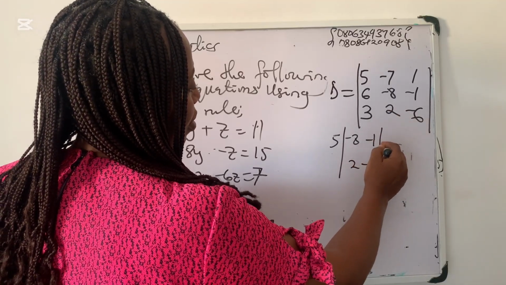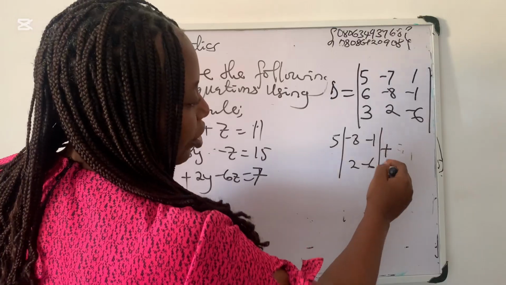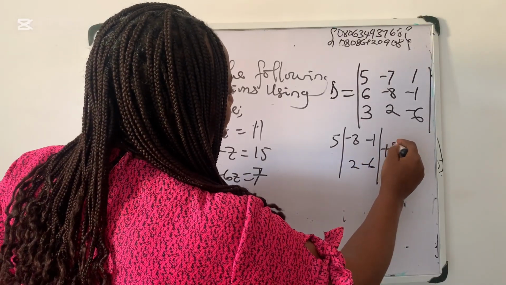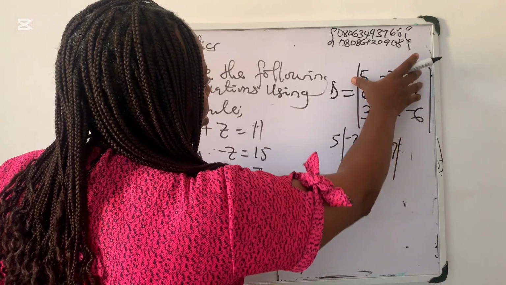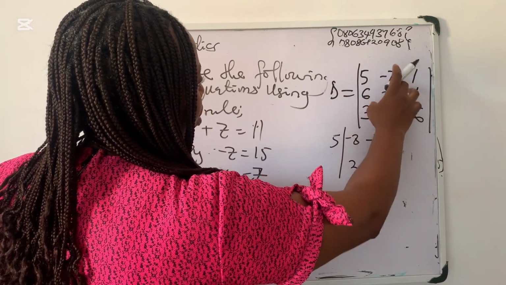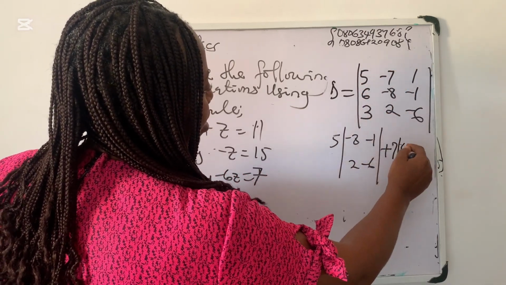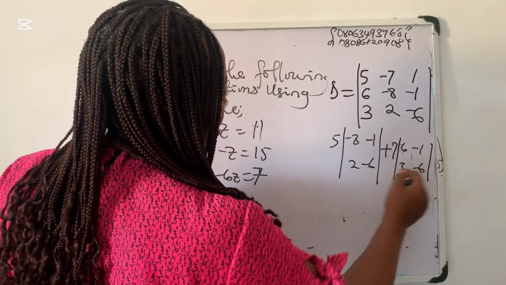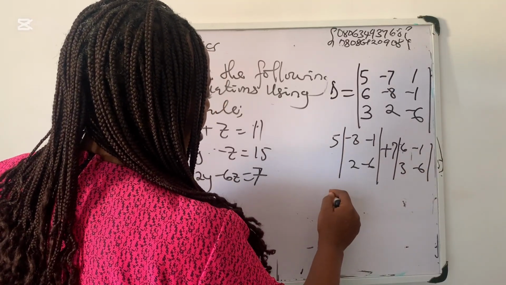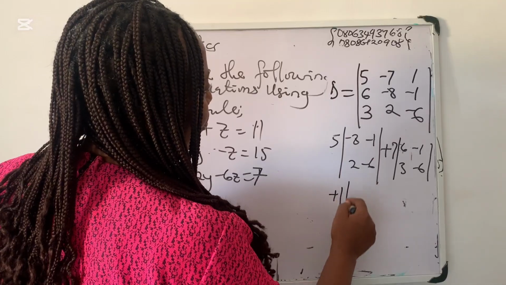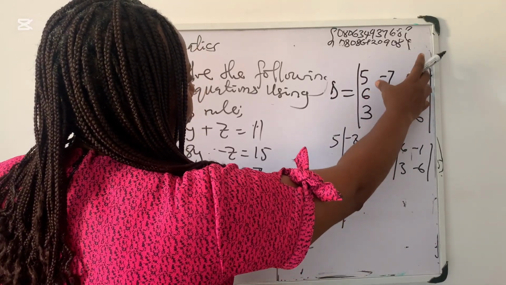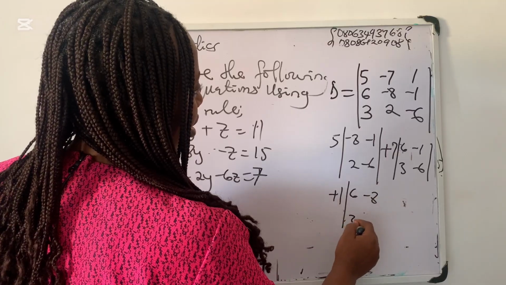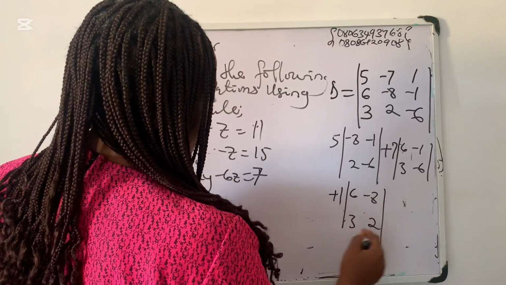Plus. May we not write like the elementary children? So let's go ahead and write our plus sign there. Plus 7. You don't touch up here. You don't touch this column. So we have 6, minus 1, 3, minus 6. Then the last one is plus 1. You have just here 6, minus 8, 3 and 2.